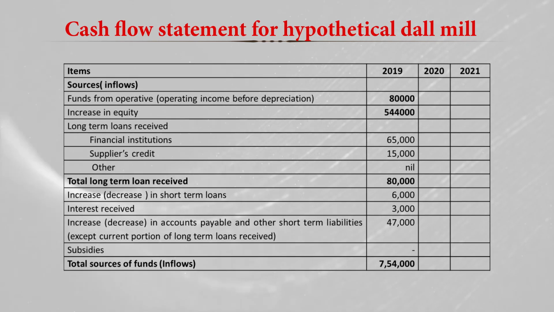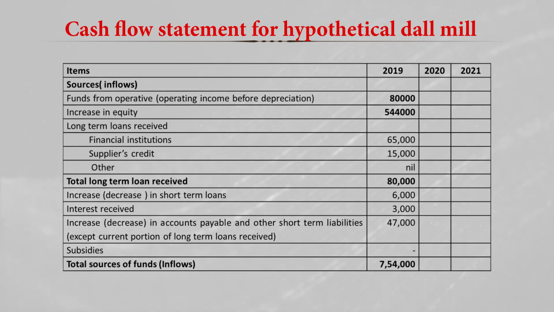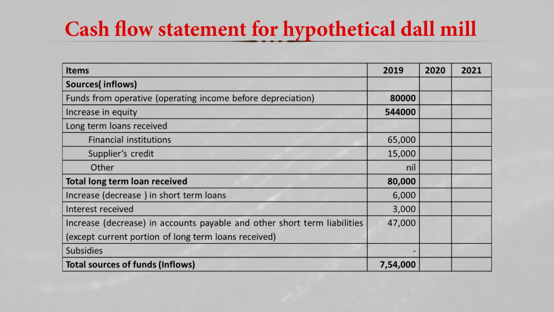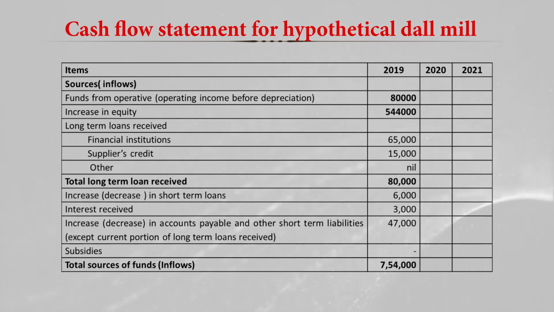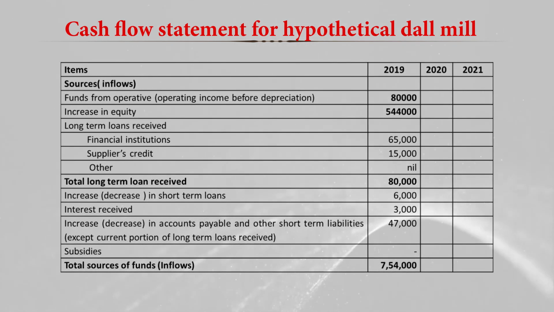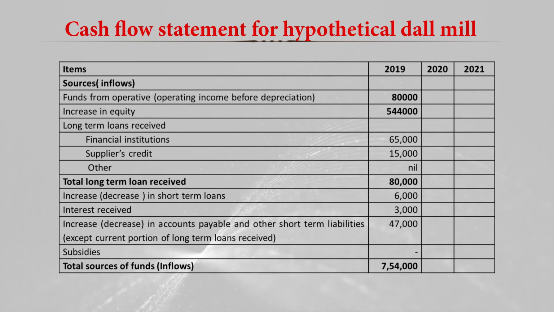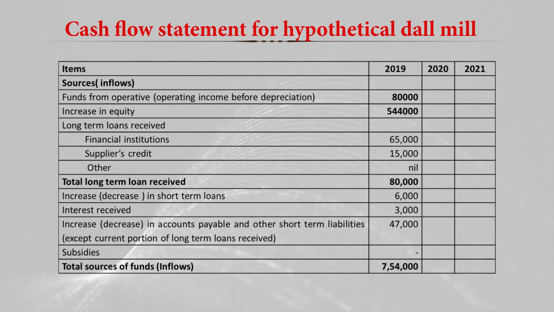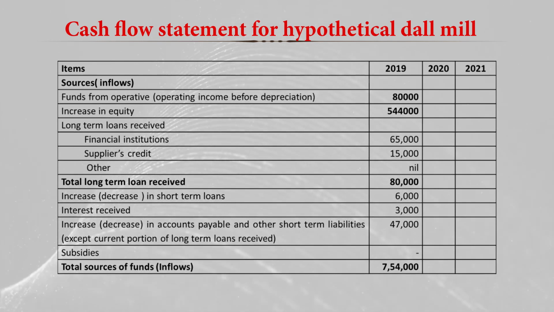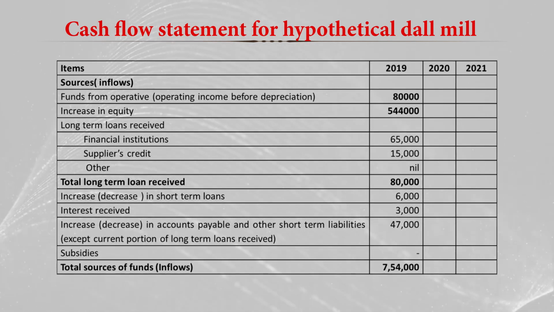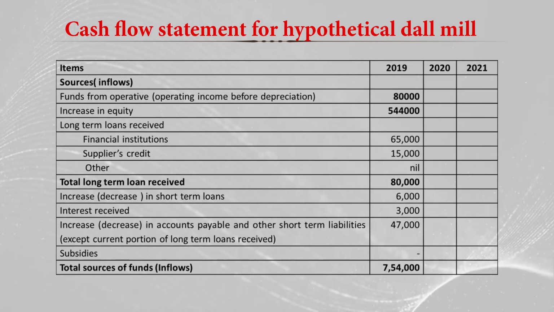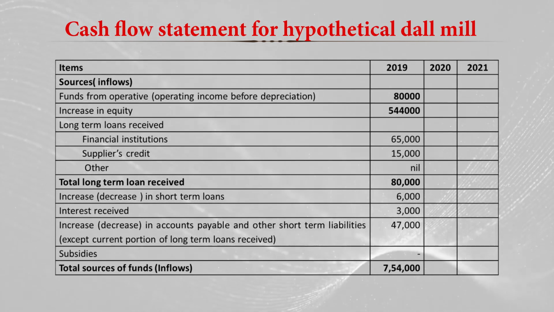Then the increase or decrease in accounts payable, that also includes the short-term liabilities, like 6,000 rupees. So that is a total of 47,000 rupees, and there is no subsidy. So here the total source of fund inflow is 7 lakhs 54,000.